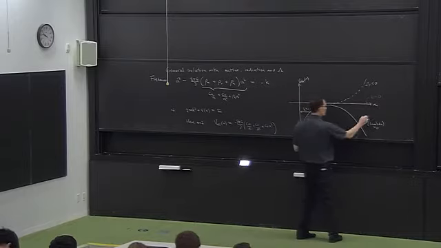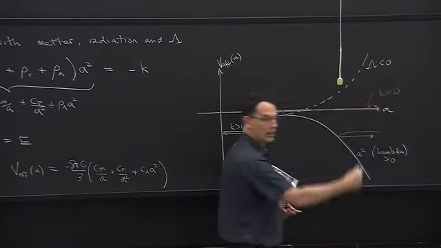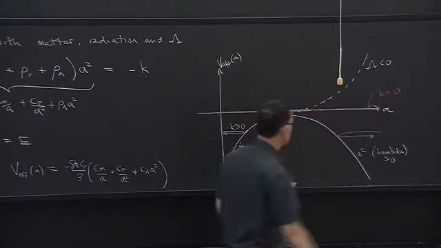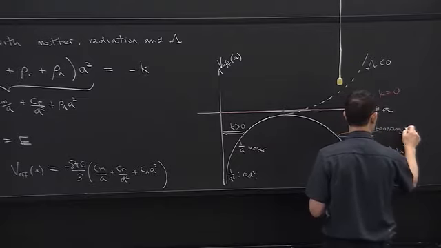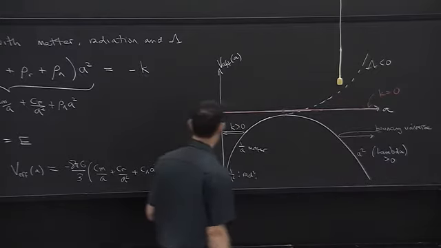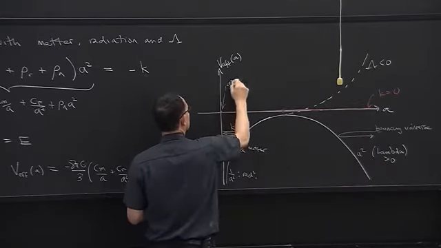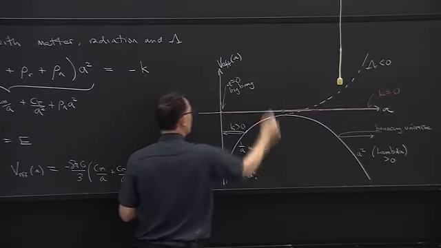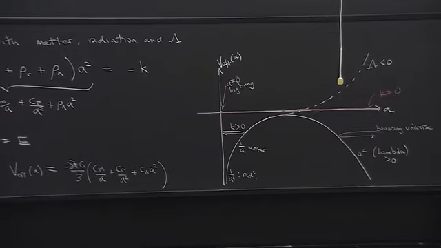Or it might be over here. Okay, it might do this. It might come in from infinity, bounce off the hill, and go back to infinity. So that would be a bouncing universe. And this point here, A equals 0, is the Big Bang. And you can see that generic solutions do have a Big Bang.